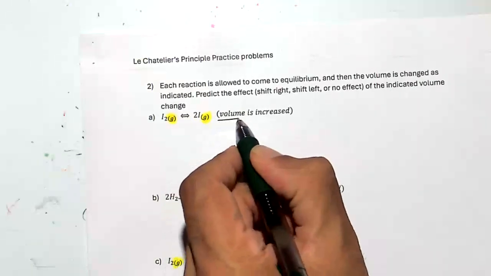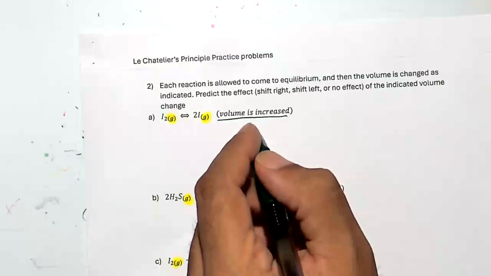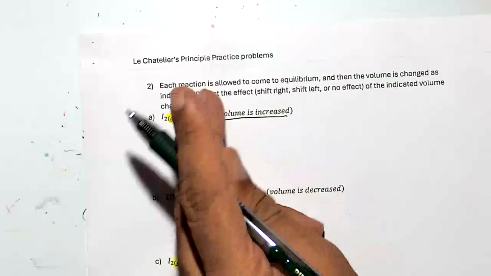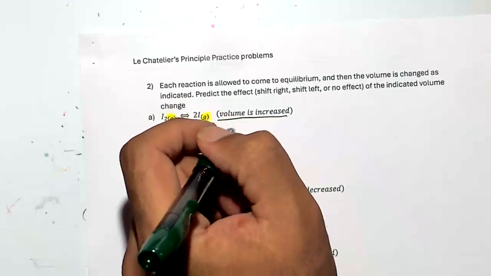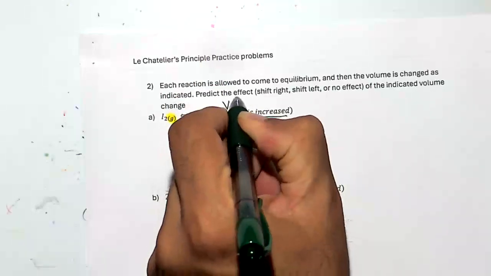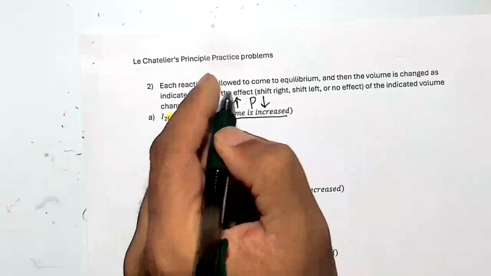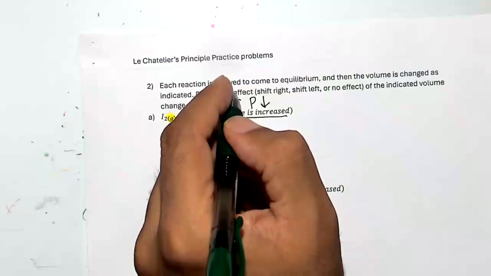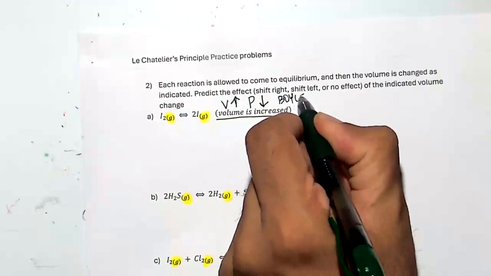If you increase the volume, what are you doing to the pressure? Lowering it. You're lowering the pressure. So if you increase the volume, you lower the pressure. These are inversely related. This is called Boyle's law, but that's from Chem 1.